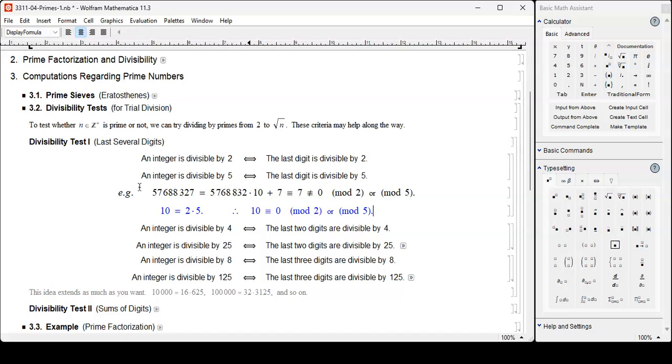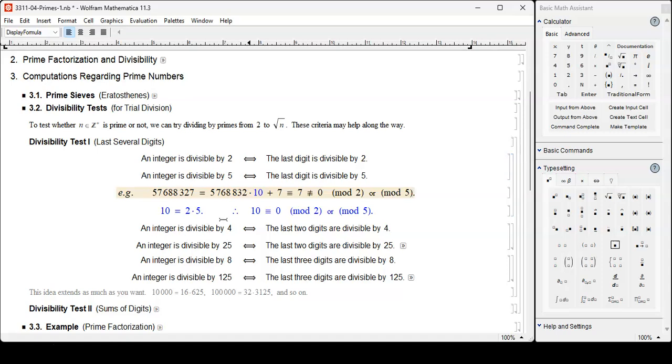I can decompose this number into a multiple of 10 plus the last digit, and a multiple of 10 is 0 modulo 2 or modulo 5. That's divisible by 2 and divisible by 5 because this is divisible by 10. So we are left with only the last digit.